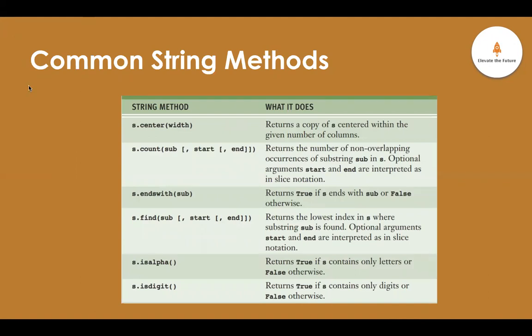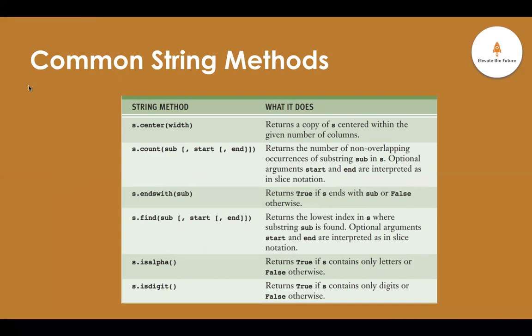Common string methods are center, which takes an argument of the width and returns a copy of S centered within the given number of columns. Another one is count, which returns the number of non-overlapping occurrences of a substring sub in S. Optional arguments start and end are interpreted as in slice notation.